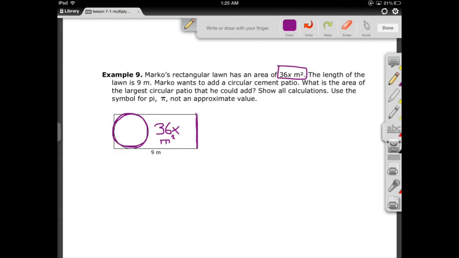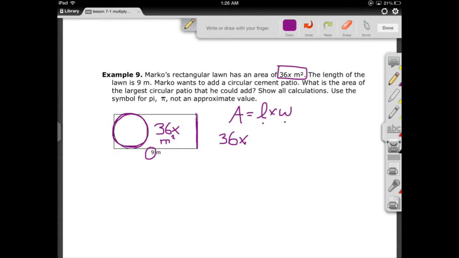Since area is equal to length times width, our area, which is 36x, came from length times width. So we have to take one of our factors and use it in division.